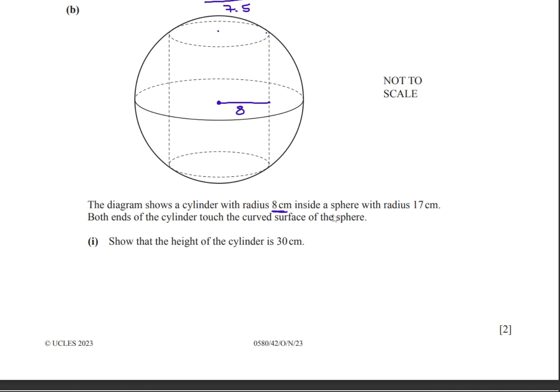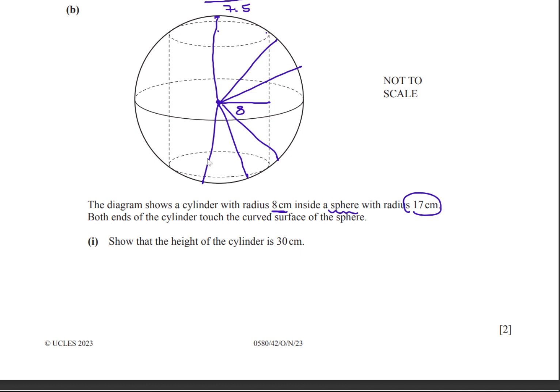Then the sphere, 17 centimeter, means the radius of the sphere. That means from the center to anywhere on the sphere, to here, to here, whatever. All of these radii equal 17 centimeter.